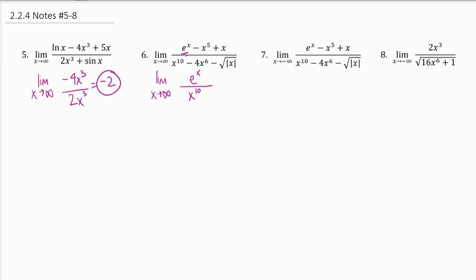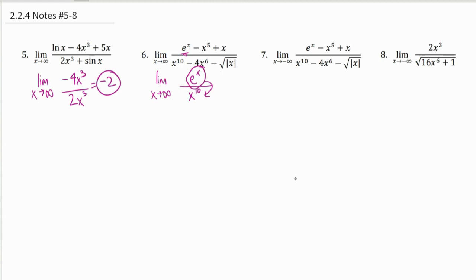Now this one isn't like the previous one where we could just divide them. Here we have e to the x over x to the 10th. So again, we're comparing to see what our quote-unquote winner is. E to the x, our exponential, is still going to beat x to the 10th. So our numerator is going to infinity faster than our denominator.